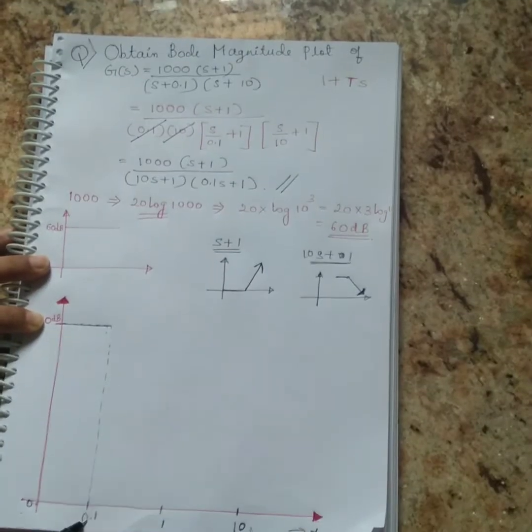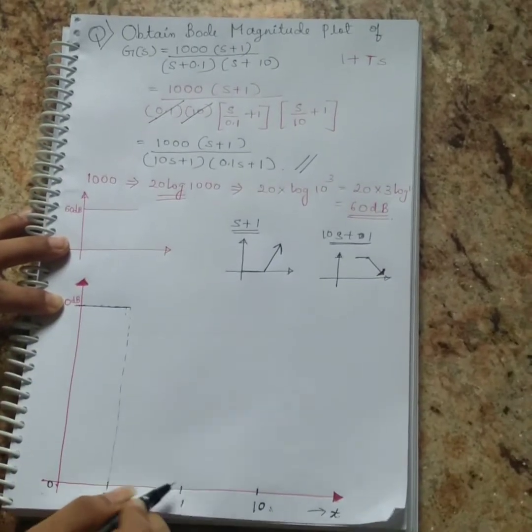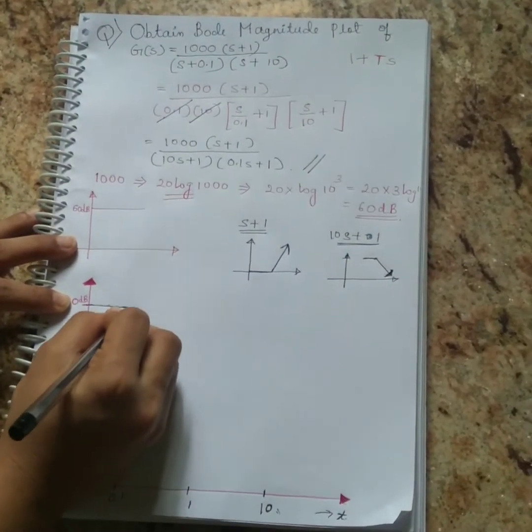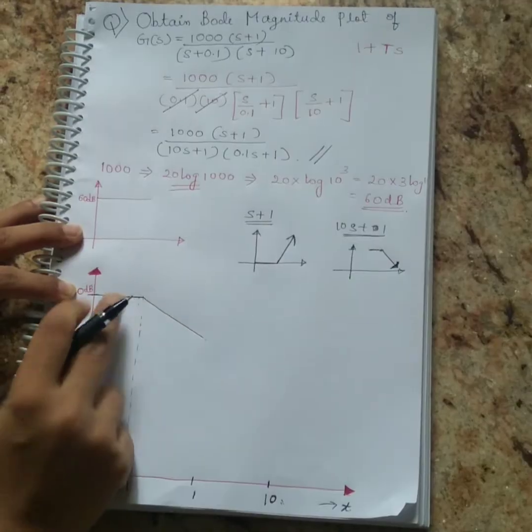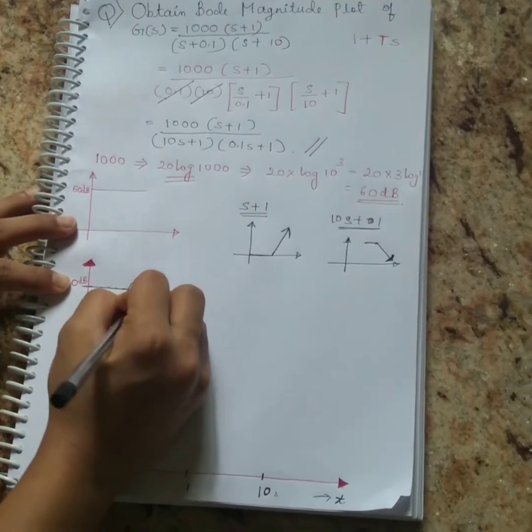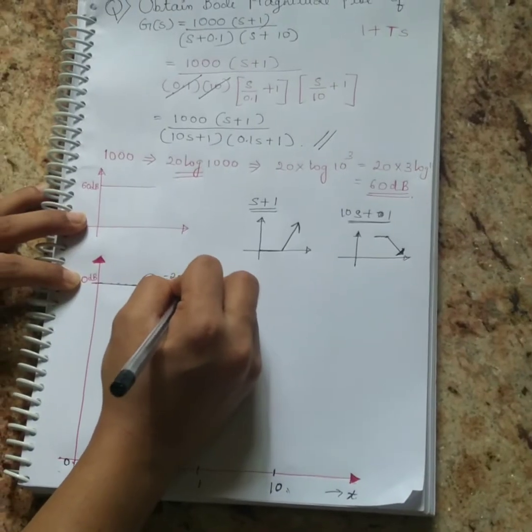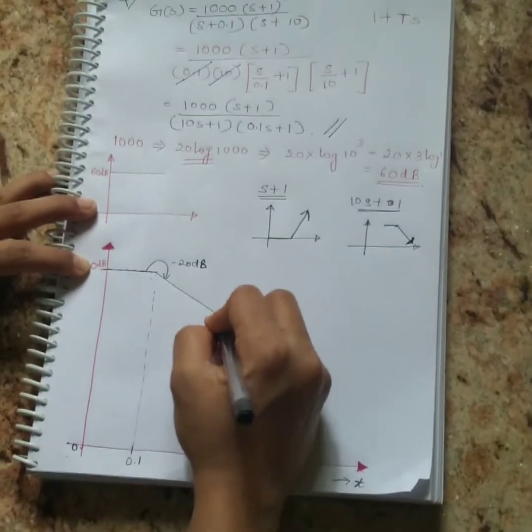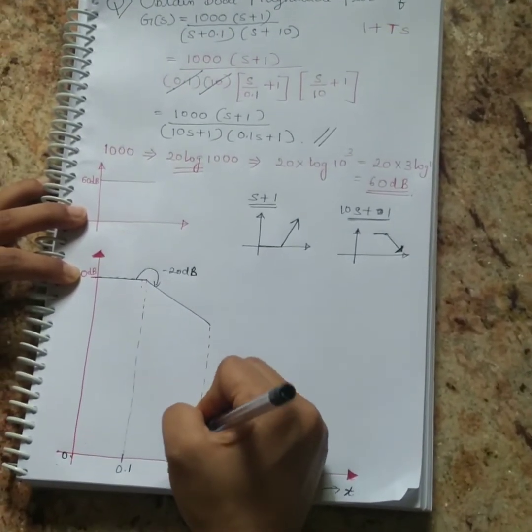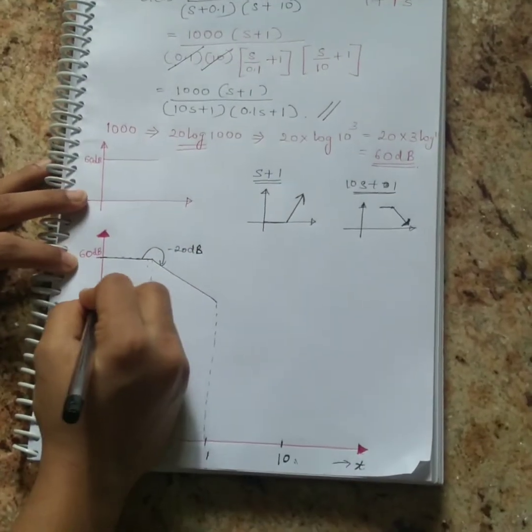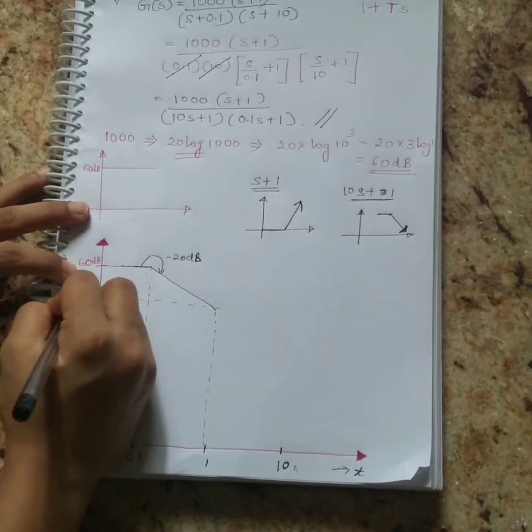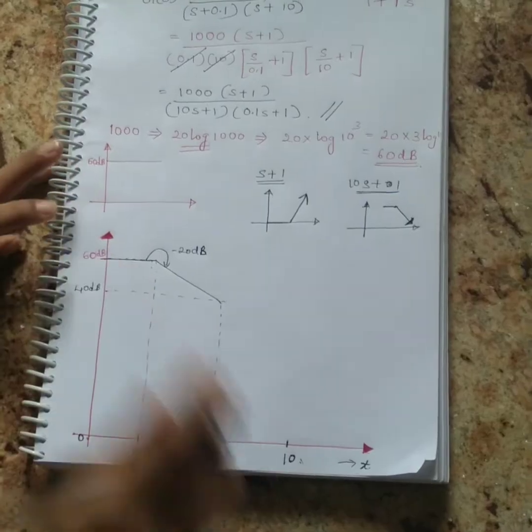And from 0.1, it will move downward till 1. That is by minus 20 dB. So here it will be 40 dB. From 60 dB it will move to 40 dB.